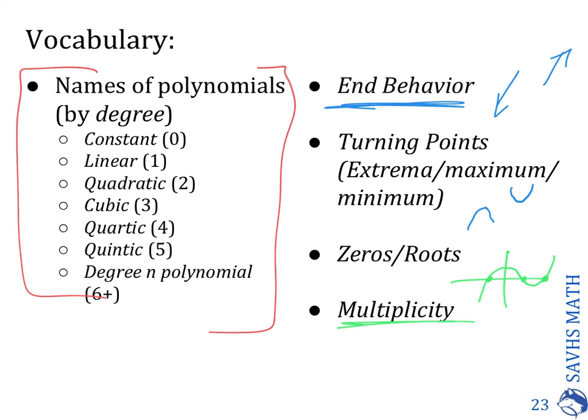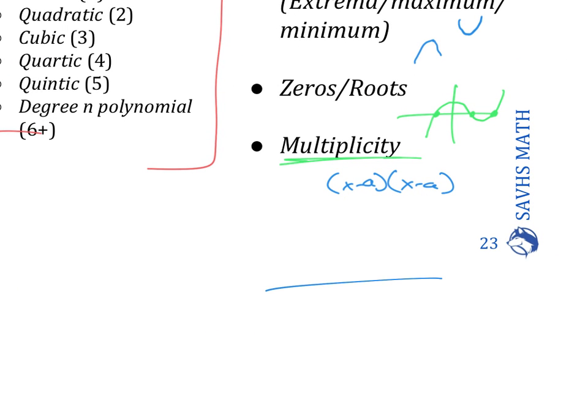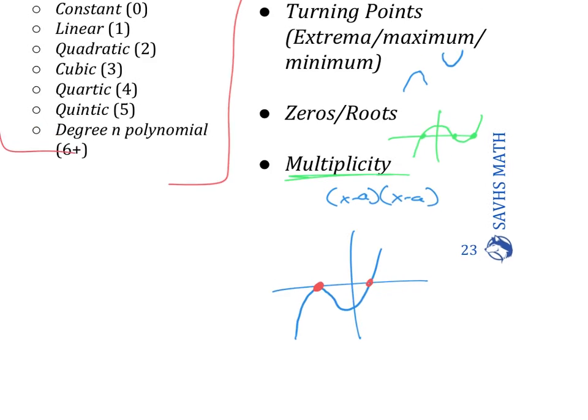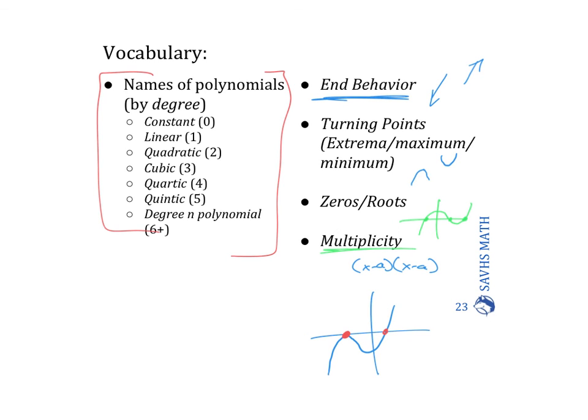Multiplicity is the number of times that a factor shows up in an equation, or the number of times that you get an answer out when you're solving. What that means is how the graph crosses or touches the x-axis matters. Okay, so there's sort of the vocabulary for the day.